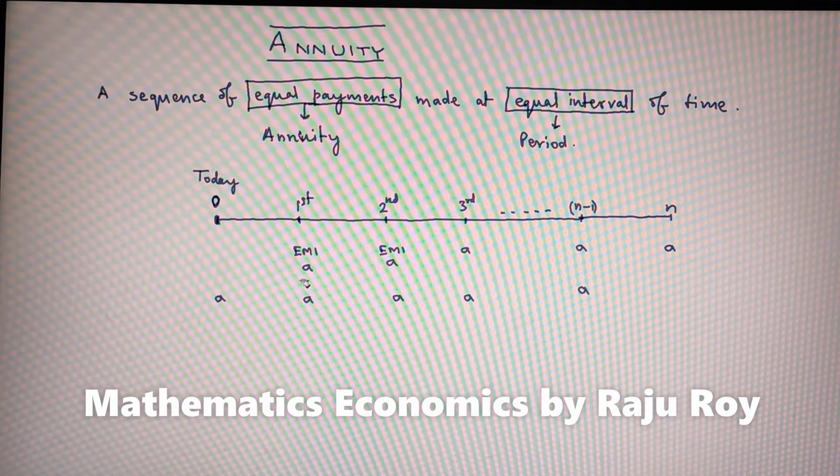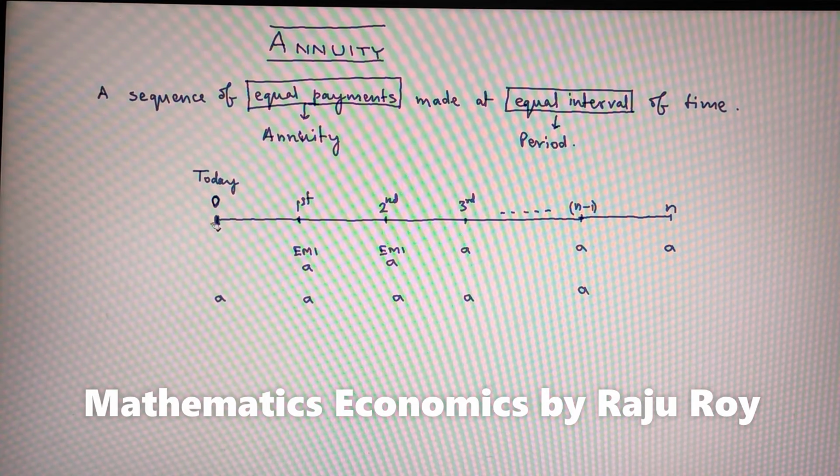If you add together the number of payments, it will come to n. For example, if you take 3 years, so 1, 2, 3, 4, in 3 years you are paying 4 times EMI, or 4 times annuity. So this is n plus 1. And n minus 1 means this will give you the nth year, so in the nth year you are paying this.